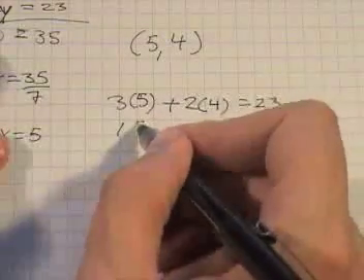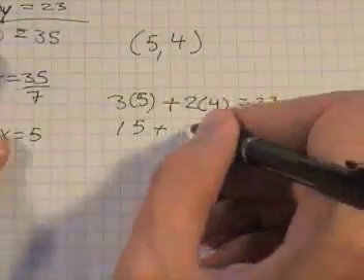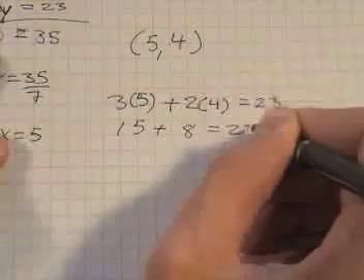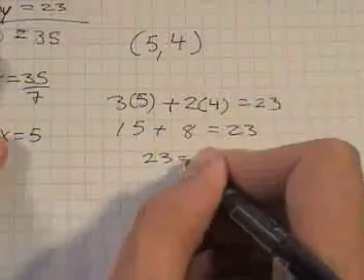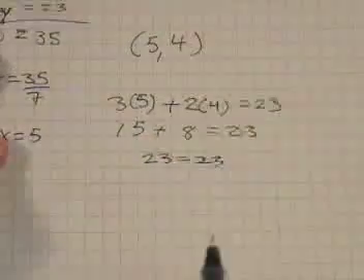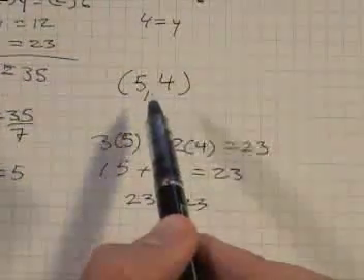This becomes 15, 3 times 5. This is going to become 8. And this is actually 23. So it does check out, and this is in fact the right answer right here.